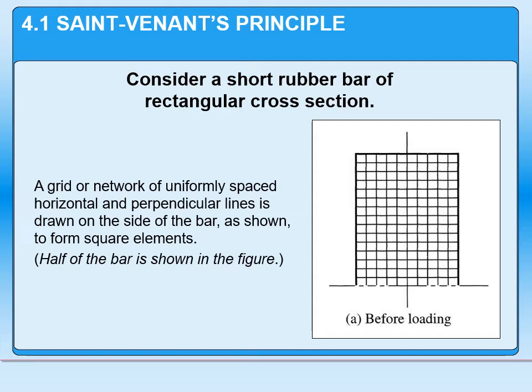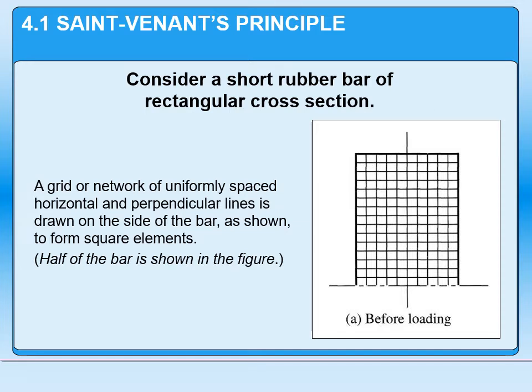So we've put a grid of regularly spaced lines horizontally and vertically on the side of this bar, essentially a net of these lines. In this case, we're only showing the top half, but it would be mirrored, so the bottom half would essentially look the same way with just a reversed orientation.